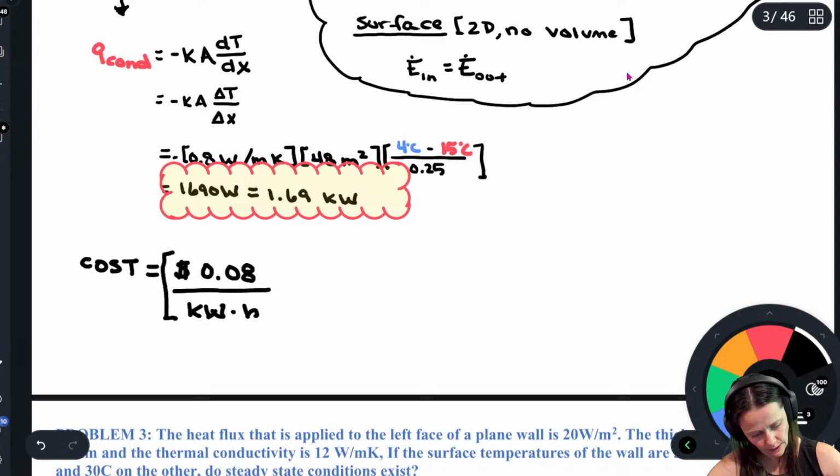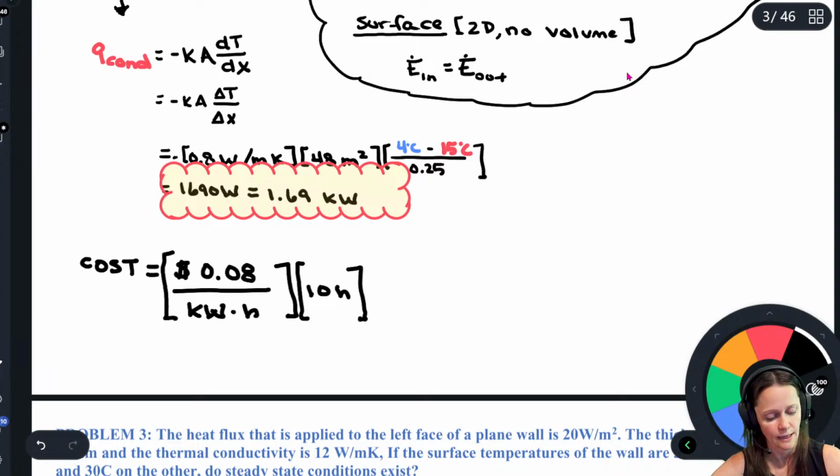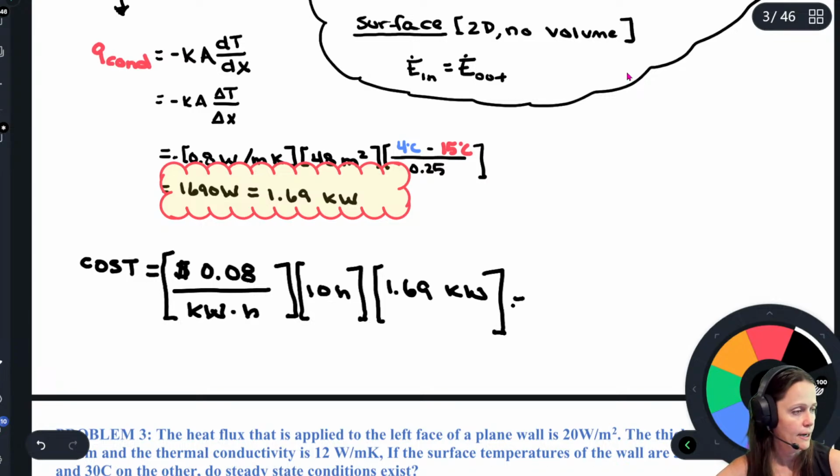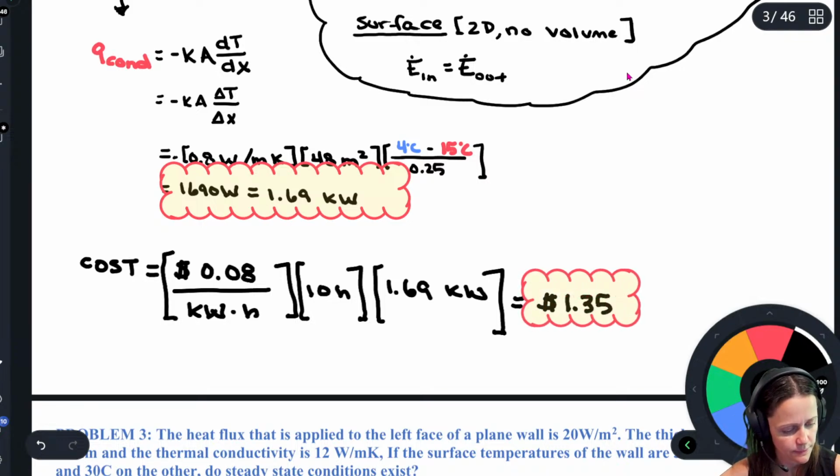We're looking at a process that takes 10 hours, and then we've got 1.69 kilowatts. Okay, there we go. So I end up getting $1.35.